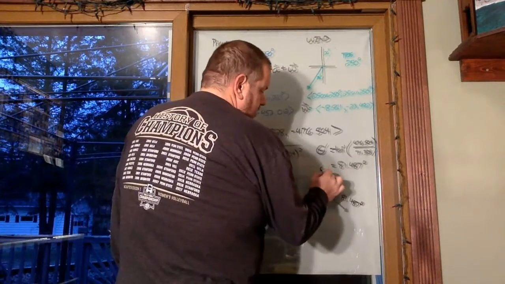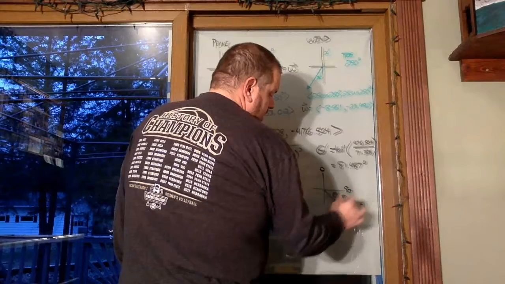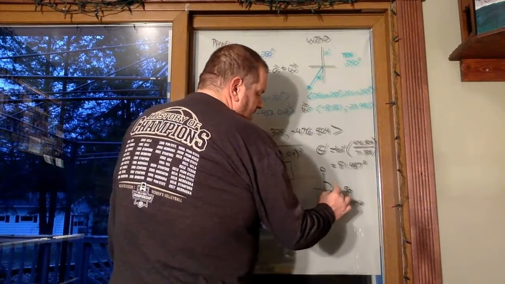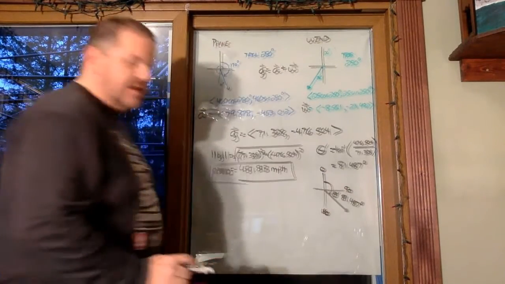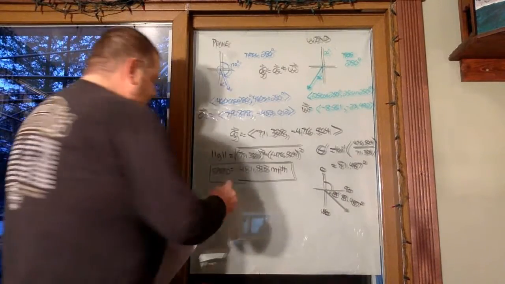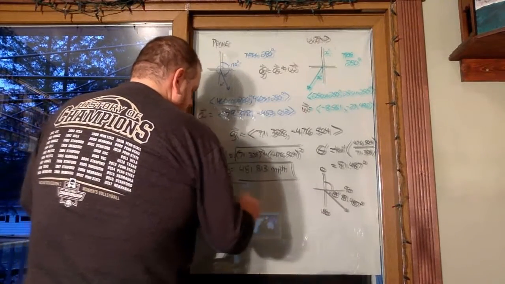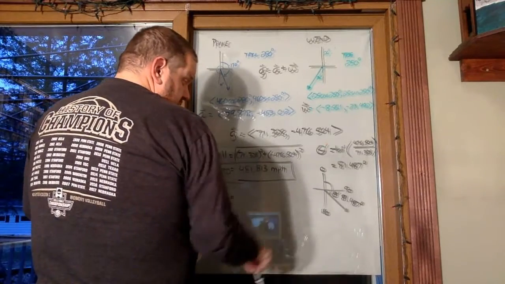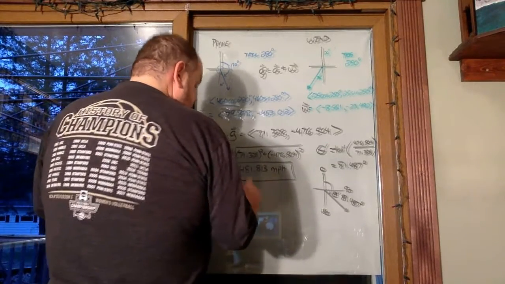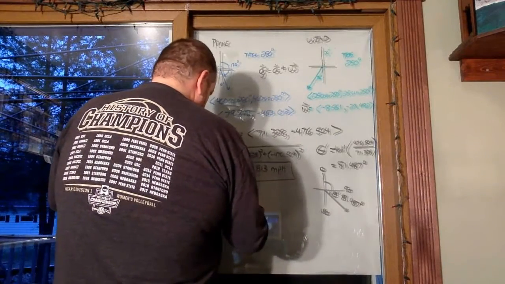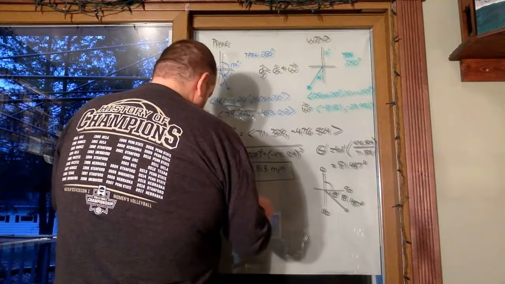Bearing has 0, 90, 180 there. So I'm going to add 90 degrees to that to get my actual theta. 90 plus 81 is 171.